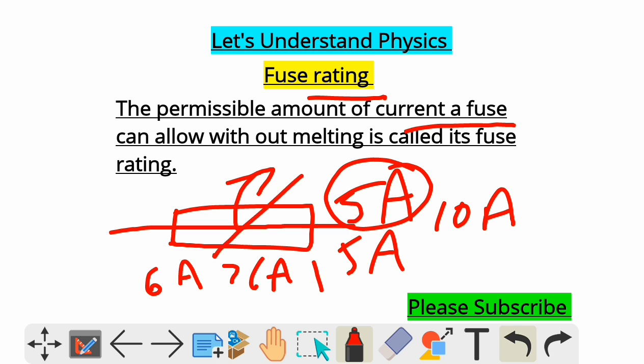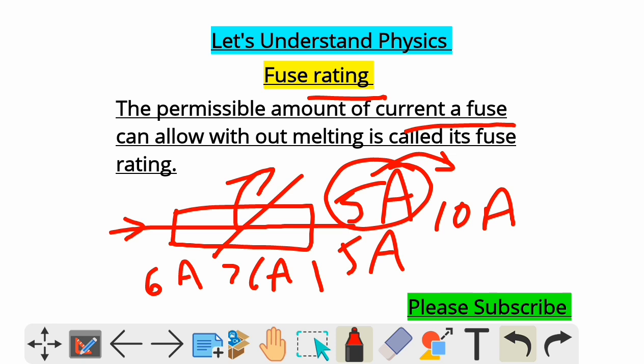There will be some small variation, because sometimes a small amount of excess current passes. If a small excess current passes for a long time, then the fuse should melt. If it is for a very small time, like milliseconds, then it need not open the circuit.